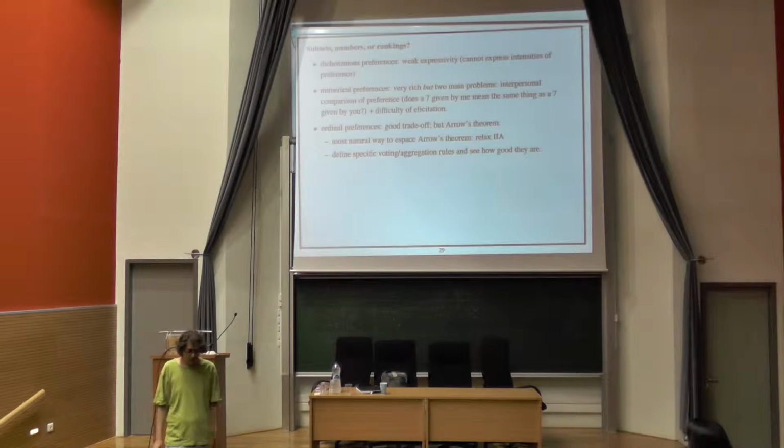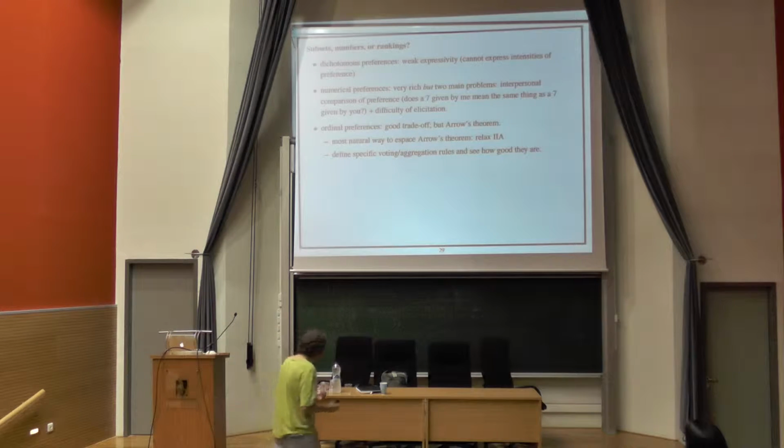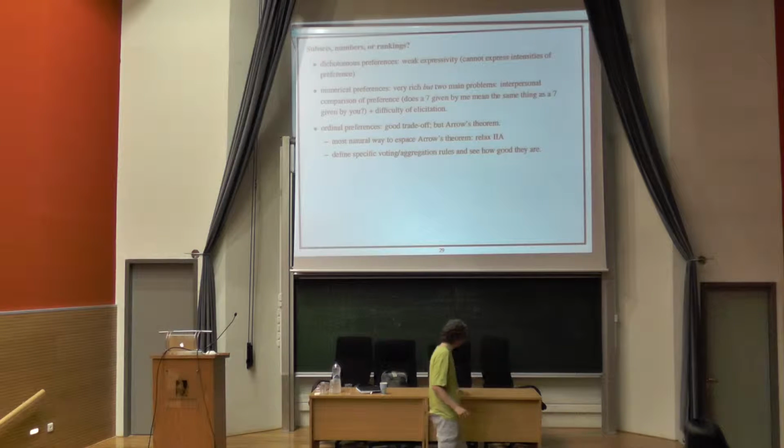So this is called the interpersonal comparison of preference, which usually does not hold except if there is a neutral measure such as money. If money is involved, then to some extent we can assume that 10 euro is the same for all of us. It's not even true, but at least there are arguments that it could be true in some context.